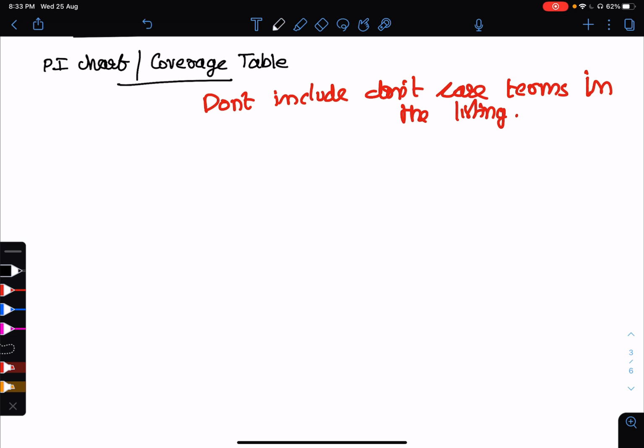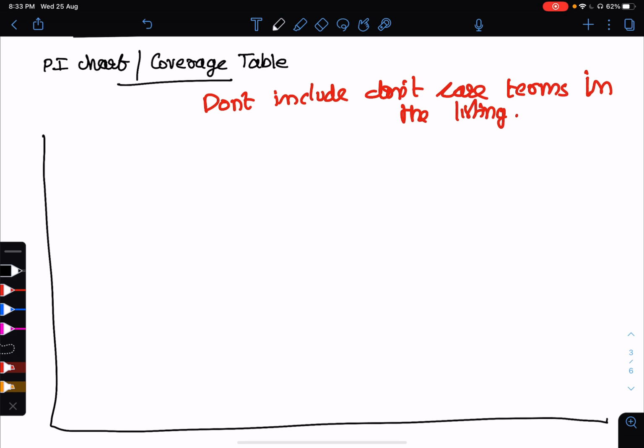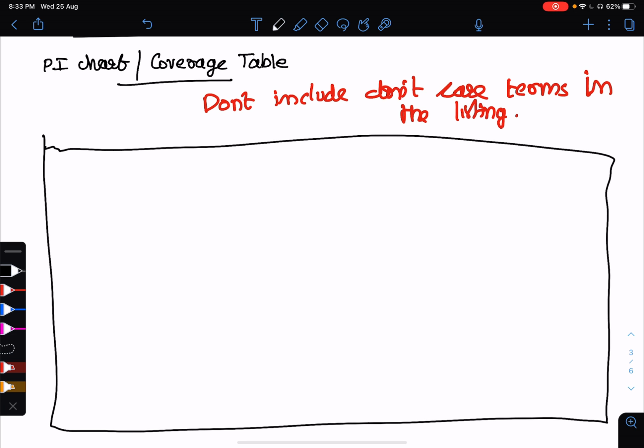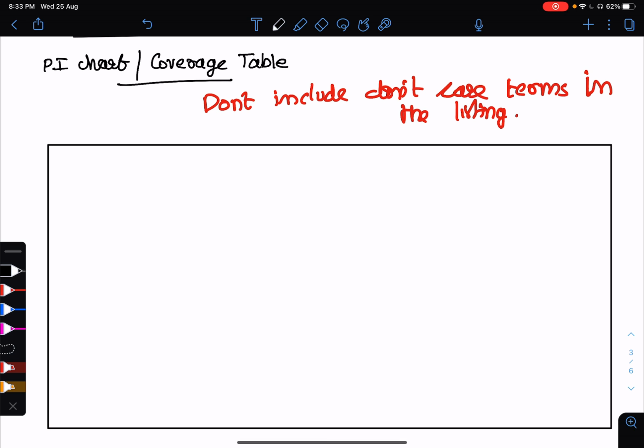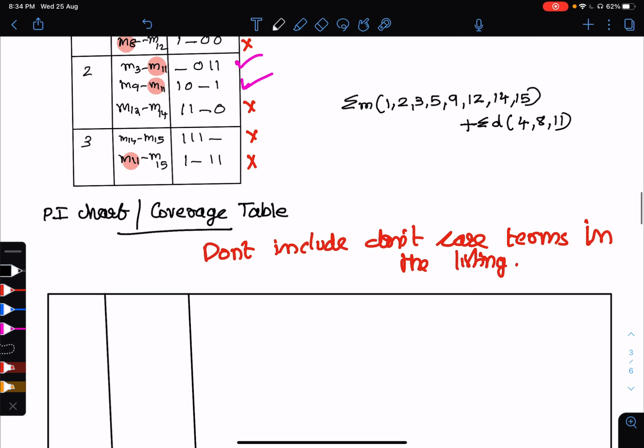Okay. So now create a PI chart. So this will be our PI chart. There will be one column for PI, the next for the min terms involved, and then the min terms. So here in the question, we have 1, 2, 3, 5, 9, 12, 14, 15 as the min terms and don't cares 4, 8, 11.